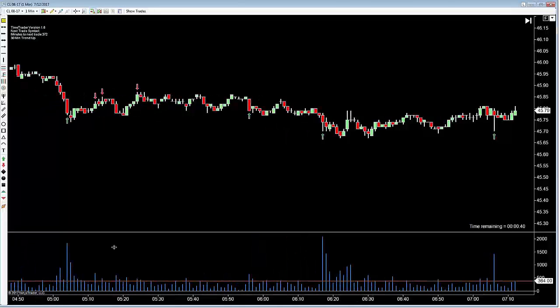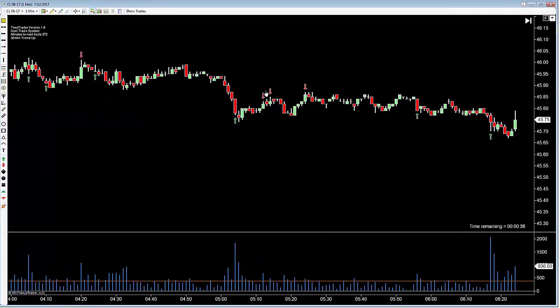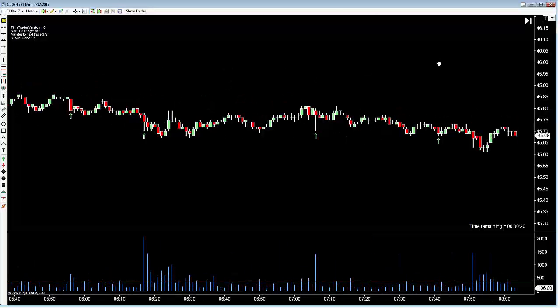You can see the indicator that I have here that is marking the candles is a volume spike indicator that I had made for us that will put the arrow out as soon as volume comes in.